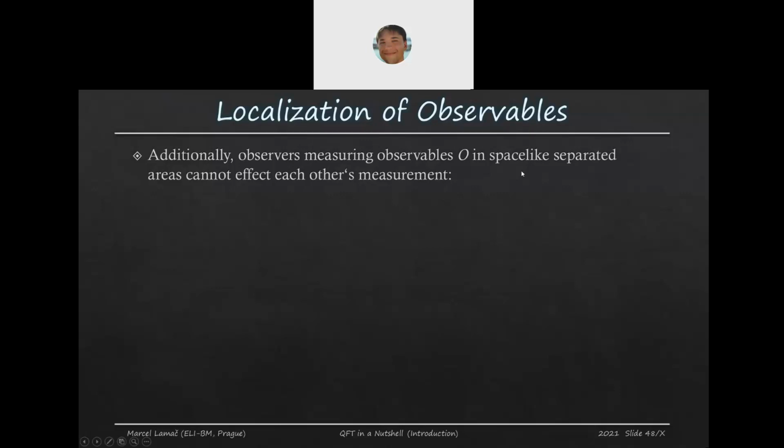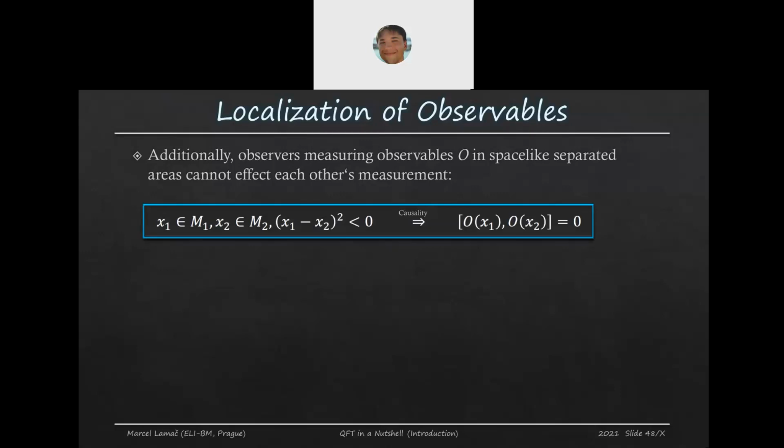So, localization of observables. This is a concept that we postulated first for our Lagrangian density in the scope of classical field theory, right? In the language of quantum mechanics, we can simply say that two observables are well localized if they are evaluated in space-like separated areas, then they must commute.